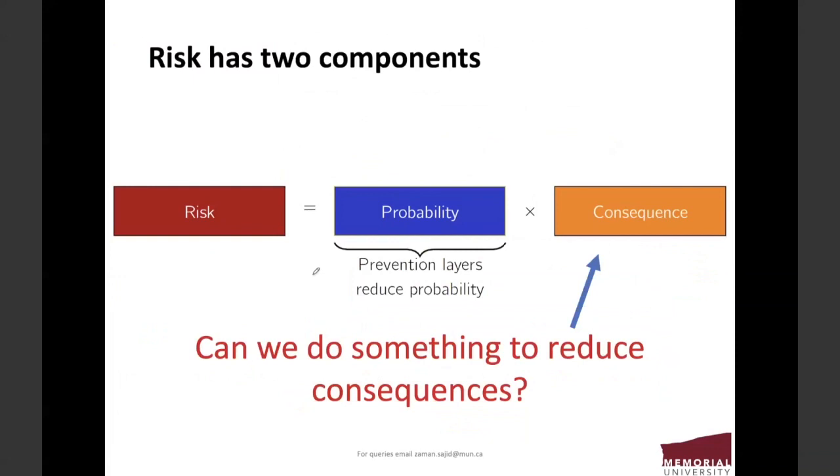The basic definition of risk has two components: it is the product of your probability and the consequences. Probability is what I was referring to here as chances. So far we have been controlling probability using the preventive layers, which reduce the probability or the chances of an unsafe event.